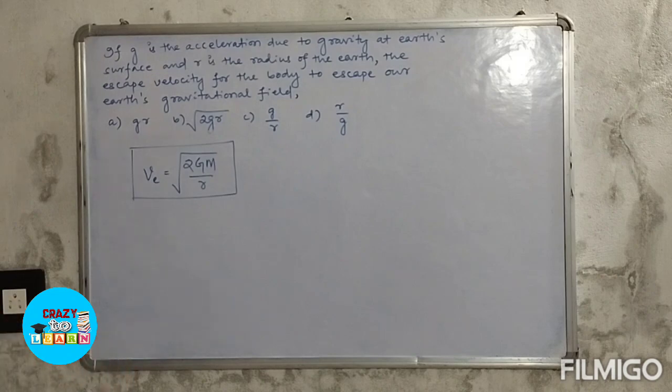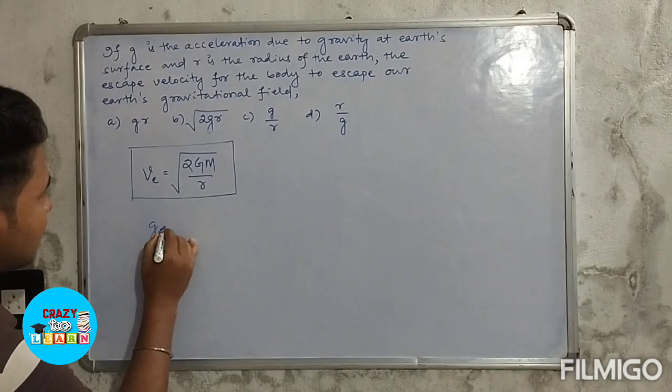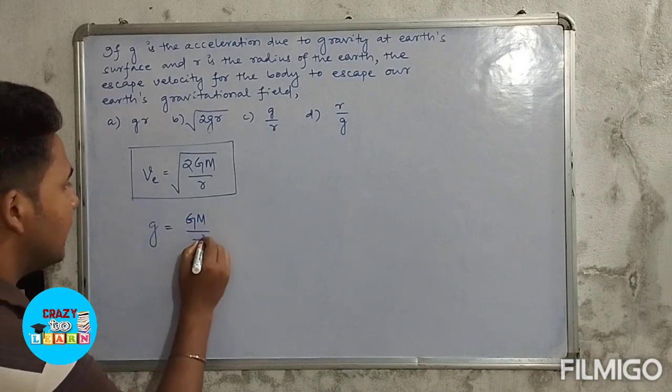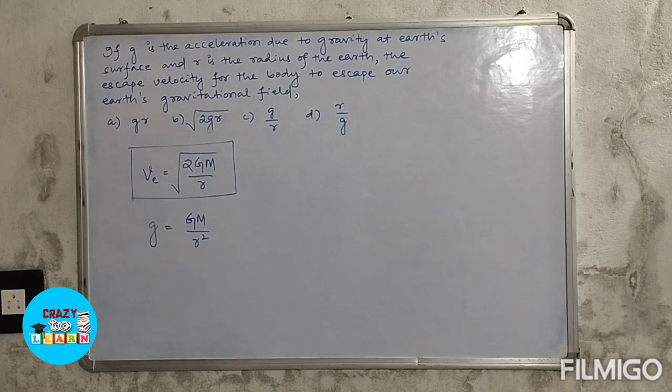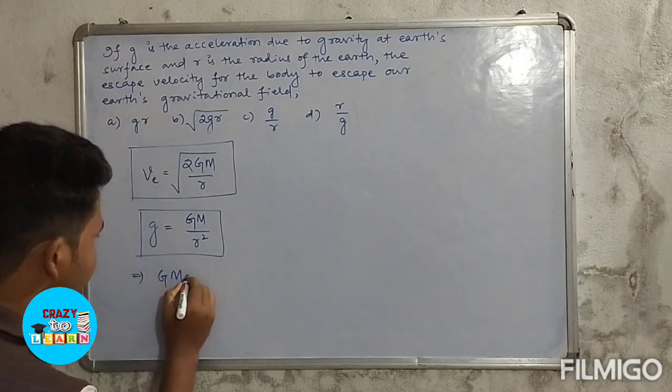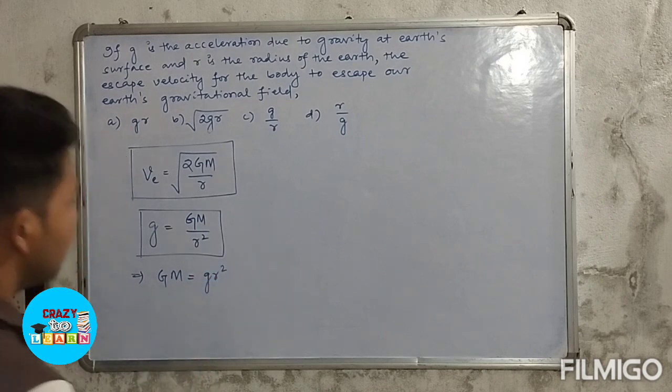So we know the acceleration due to gravity small g is equal to capital GM by r square. We already discussed how to find this formula in my previous gravitation video. So now from this formula we will get capital GM is equal to small g r square.